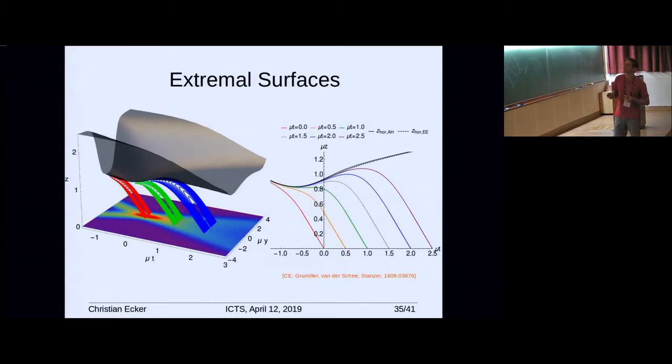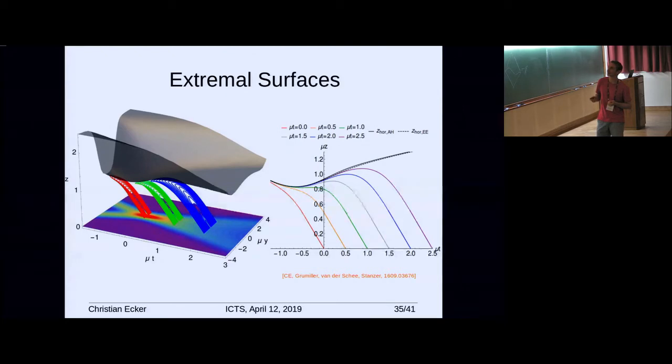Okay, so what it then also can do is to compute Ryu-Takayanagi surfaces. Johanna introduced you to that, that you can compute the entanglement entropy from extremal surfaces on the gravity side. Here you see for the shockwave collisions case, again, the density of the collision on this plane.